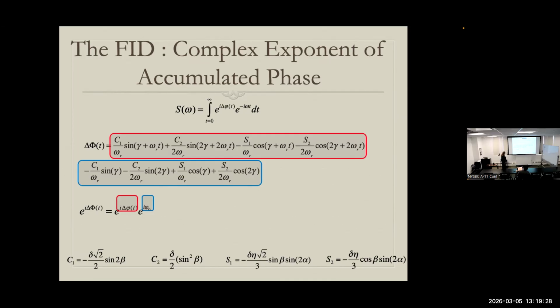But if you think about it, I know you have seen a function of this form. You're exponentiating a trigonometric function. Where did you see this before? It's like a trigonometric of a trigonometric. So e to the I delta phi can be rewritten as sine and cosine.